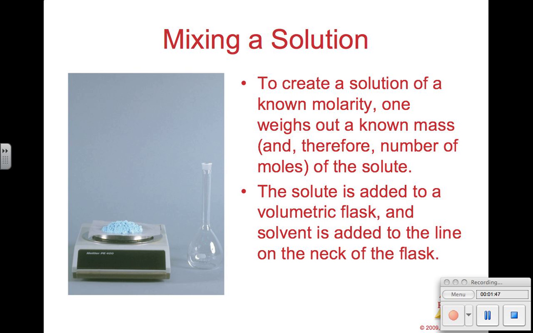You add the solid into the flask, add typically distilled water, and dissolve the solid. Then you add enough liquid so that the meniscus in that narrow neck is right even with this etched mark.